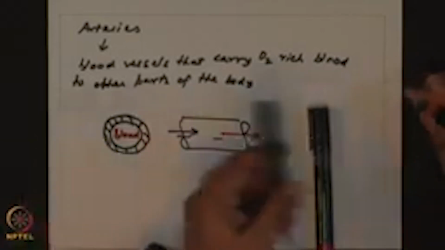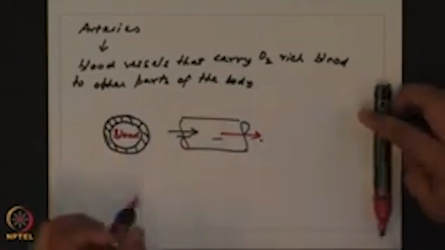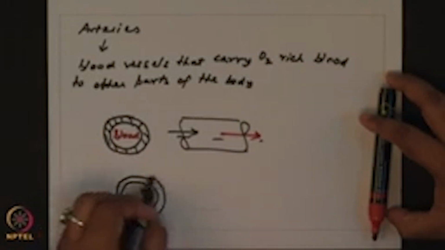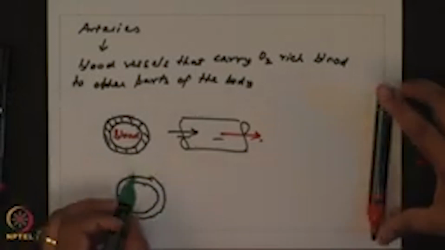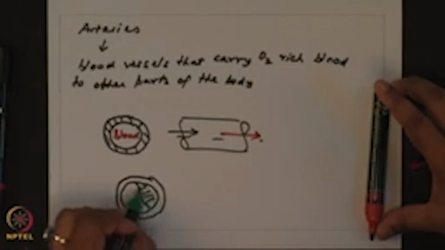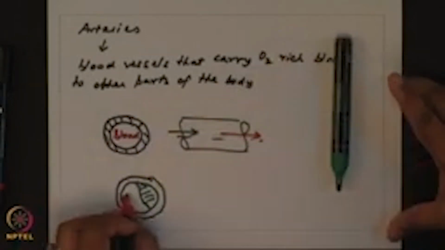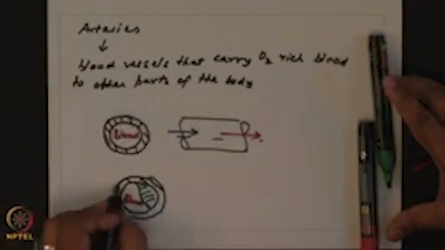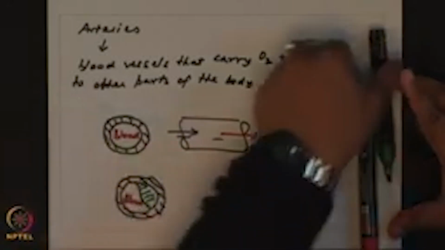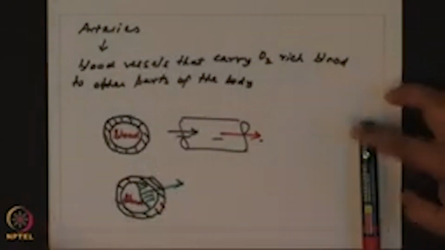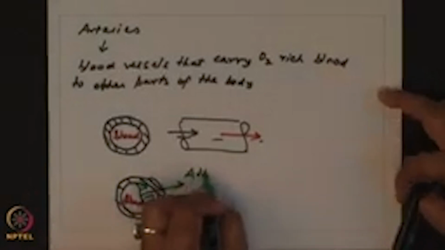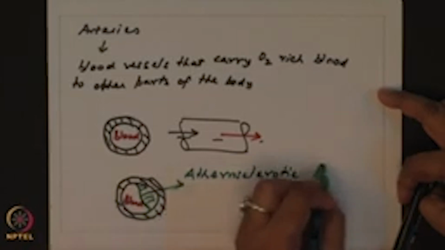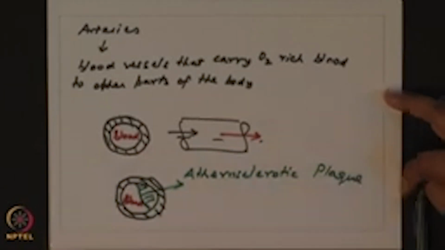Okay. Now, what happens in atherosclerosis? The same blood vessel now looks like this. Here you have blood flowing. Okay, the green zone is called an atherosclerotic plaque.